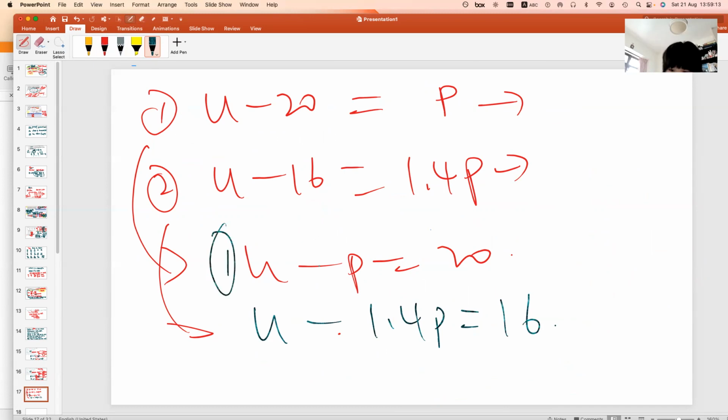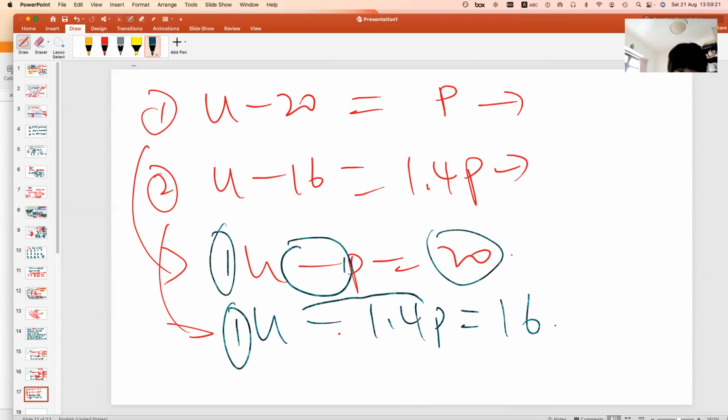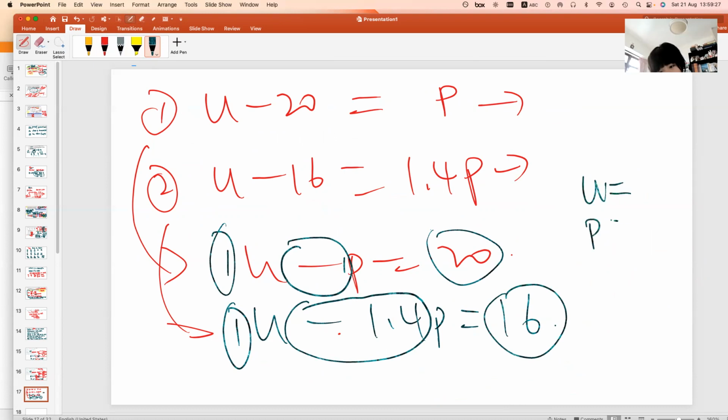You key in 1 and then minus 1 and then 20. Of course, the second one is 1 minus 1.4 and then you key in 16. Then you will get two answers: U equals to something and then P equals to something. You know how to solve this using calculator or not? So tell me what is your U, what's your P?